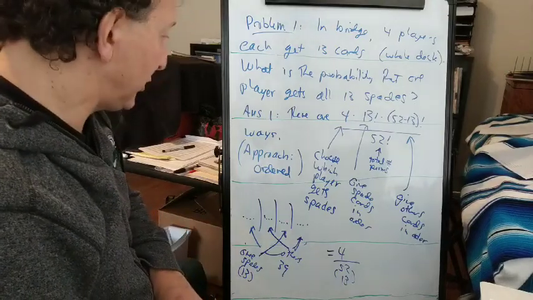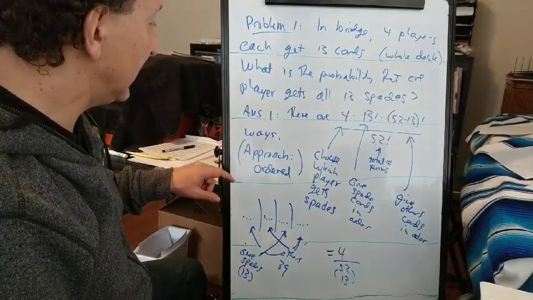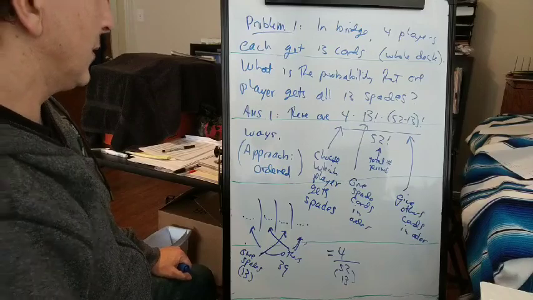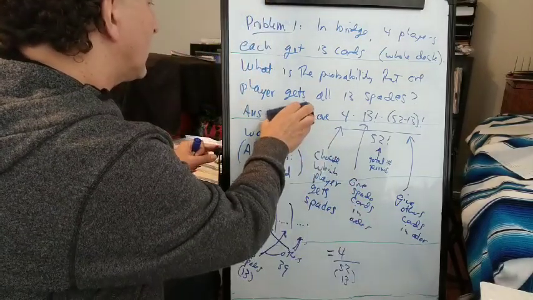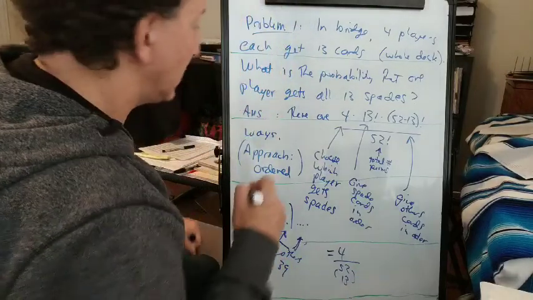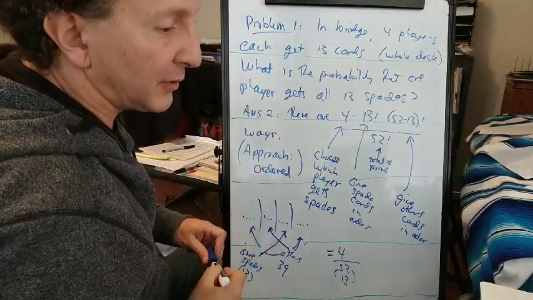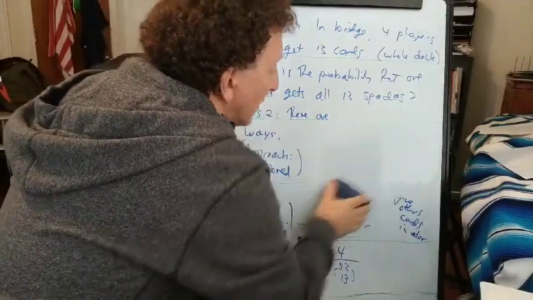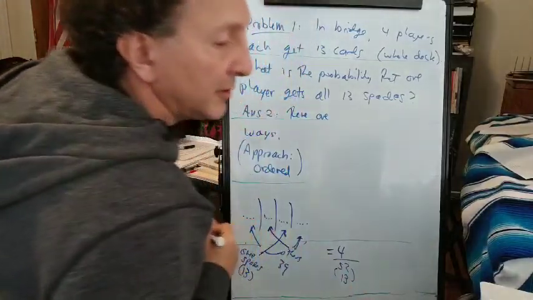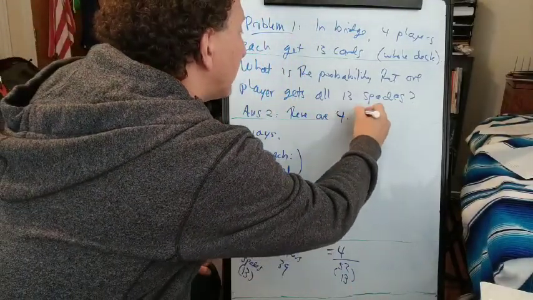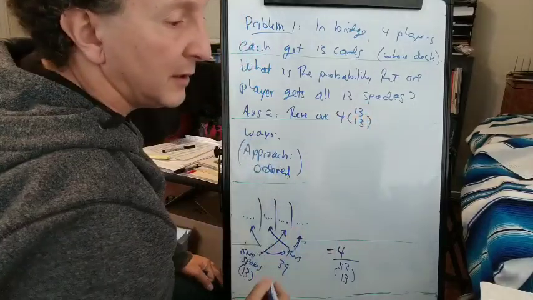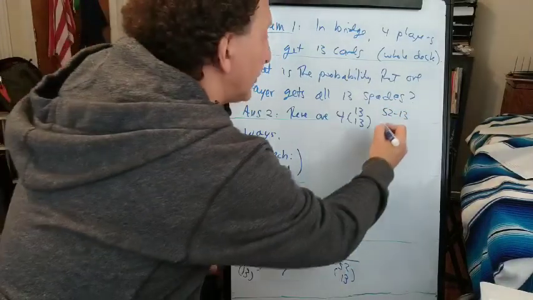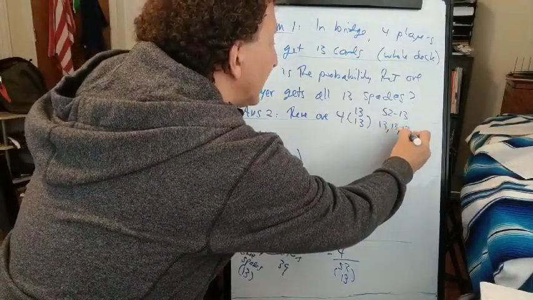All right, for the second approach, let me do an unordered version of this. So my second answer is 4 times 13 choose 13 times (52 minus 13) choose 13, 13, 13.